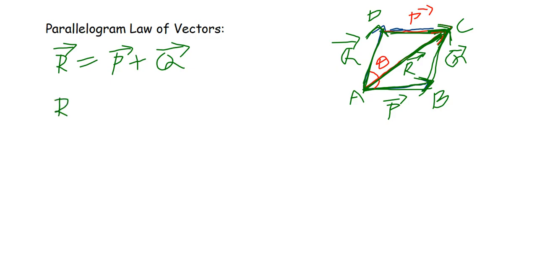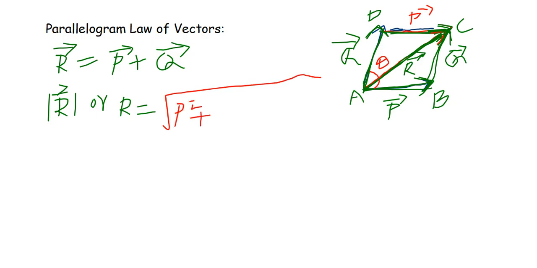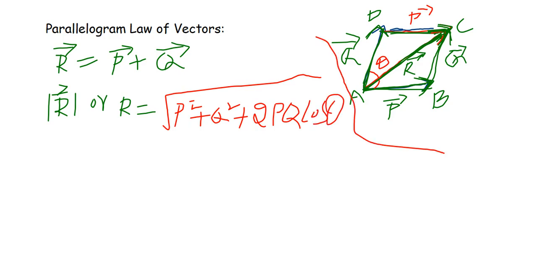Modulus of R bar, or R, is equal to root over P square plus Q square plus 2PQ cos theta.